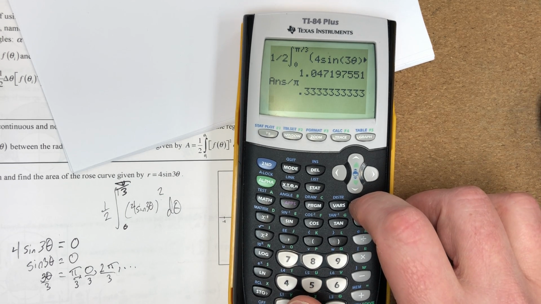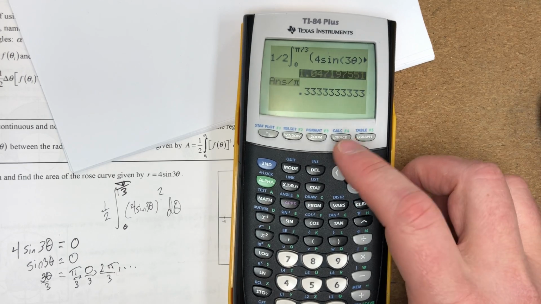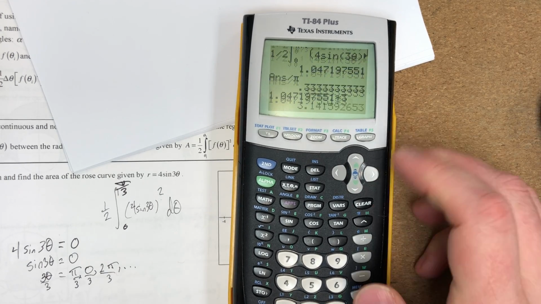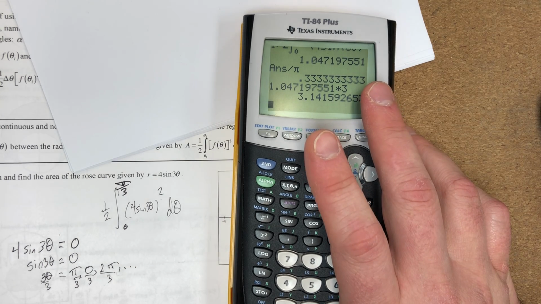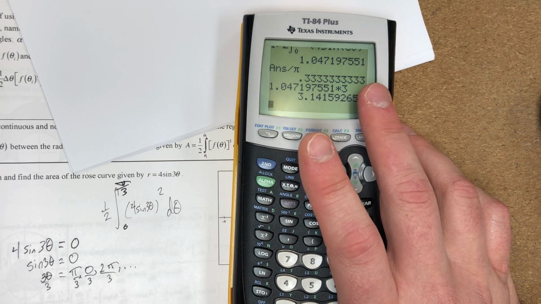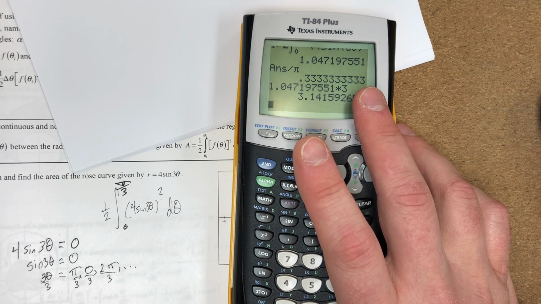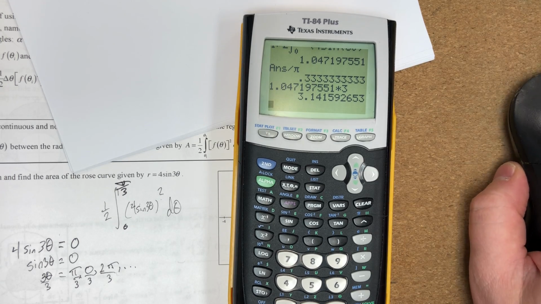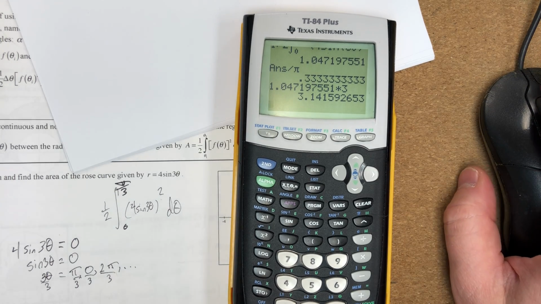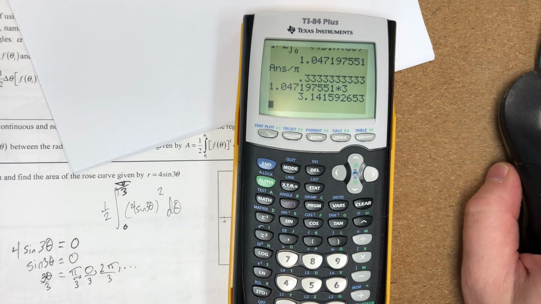I could have just taken this and said times 3, and we would see it's exactly pi. So that'd be the area of this. There are a couple of typos in his work, so I think this might be an old version. So the area of that would be exactly pi.